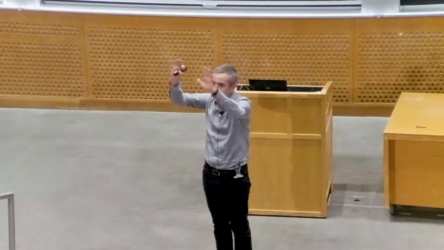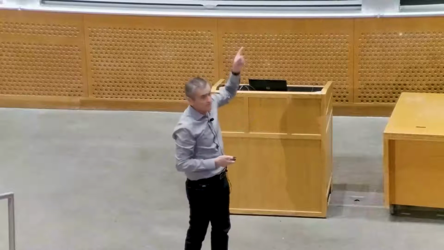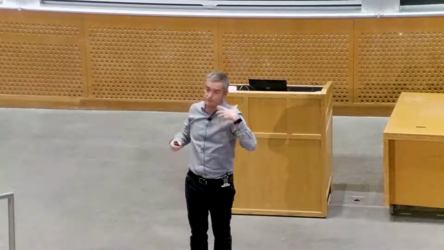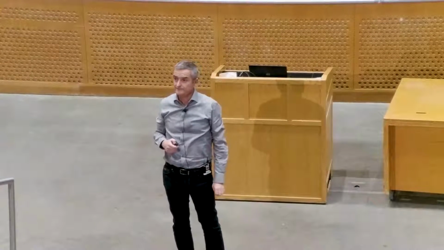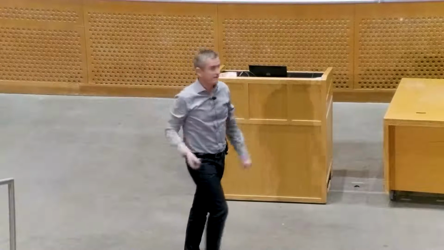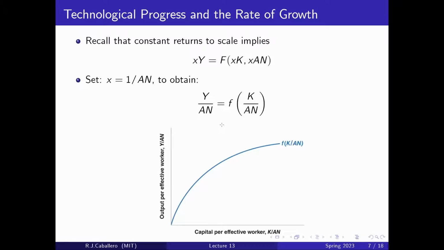I want a steady state, a point that we're going to converge to after enough time has passed. Okay? And I know that the thing that will do it, in a model in which I have effective workers growing, is to divide everything by effective workers. Okay? So that's what I'm doing here. I'm going to build a diagram that looks like the other one, that has a nice steady state as the previous one had. Okay? So I have my blue line.